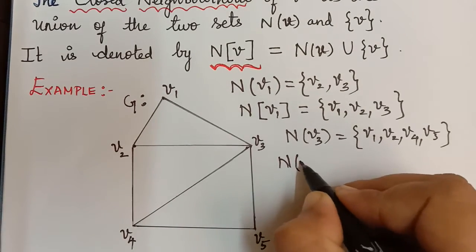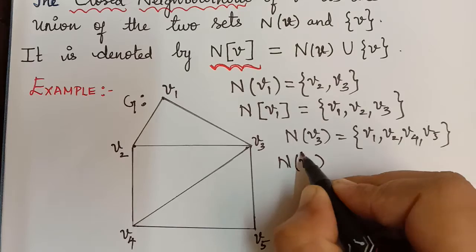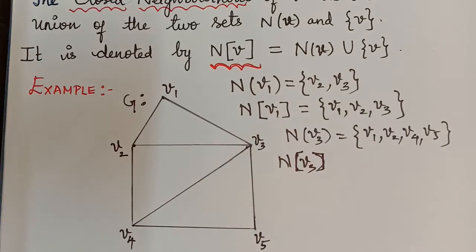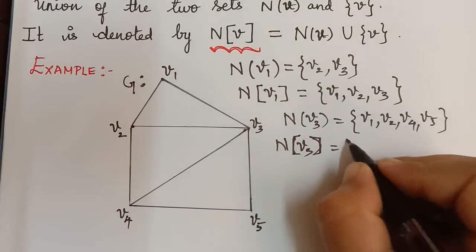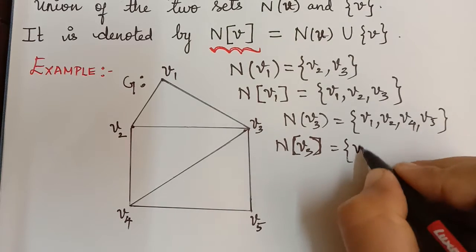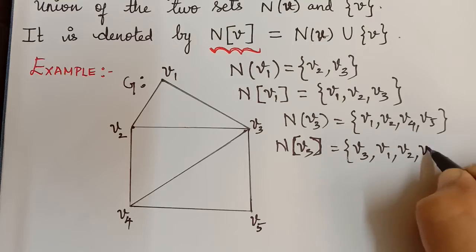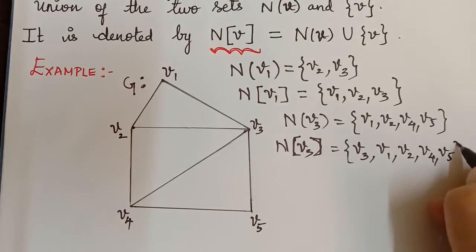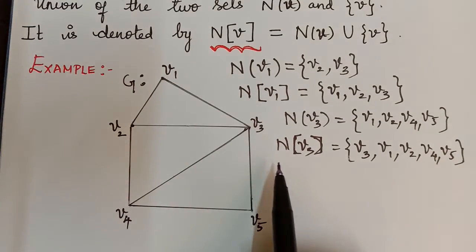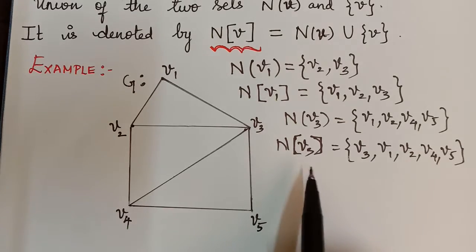And if we consider the closed neighborhood of V3, we have to include this vertex V3 in it. So V3, V1, V2, V4 and V5. So this is the closed neighborhood set of the vertex V3.